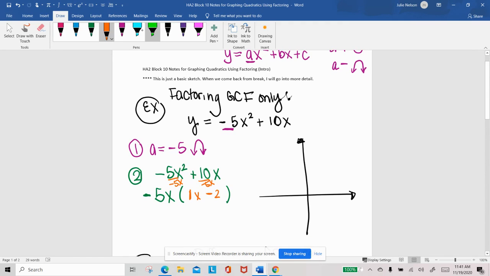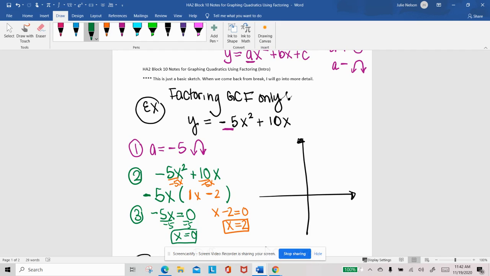So the next thing you want to do is set your factors equal to 0. Factors are what you broke apart here. So the negative 5x equals 0, and the x minus 2 equals 0. So if you add 2, x equals 2. And if you divide by negative 5, x equals 0.